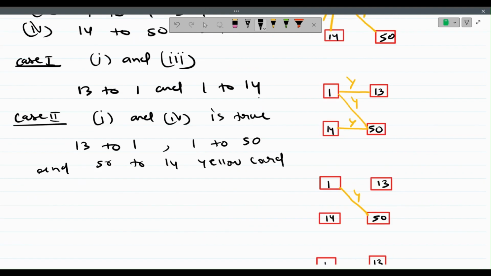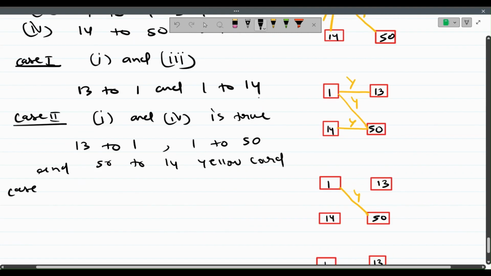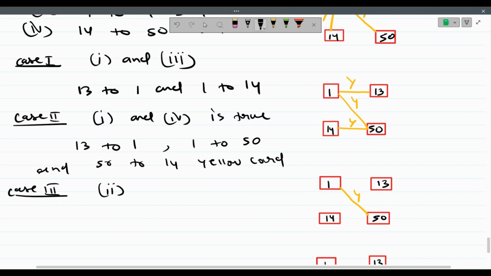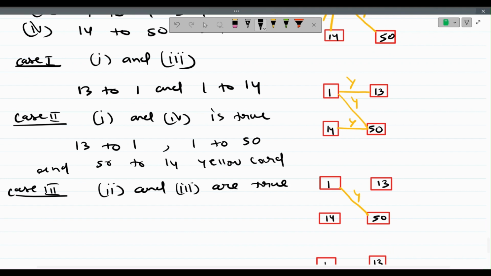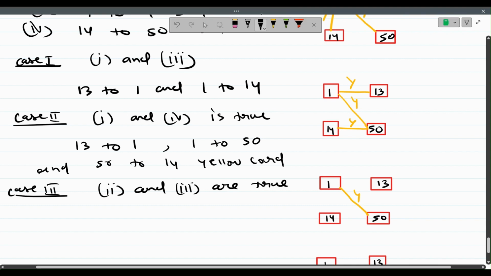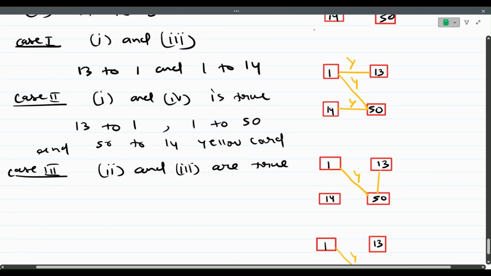Okay. Case number 3 says that conditions 2 and 3 are true. So 2 says that there is a cord between 13 and 50 which is yellow, and 3 says that between 1 and 14 is yellow.